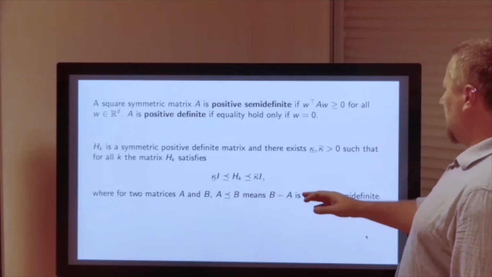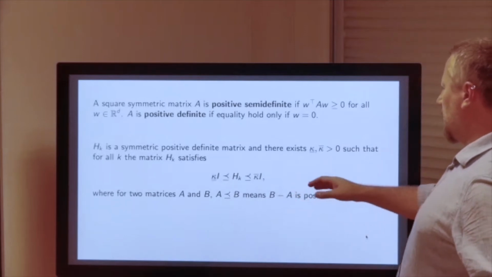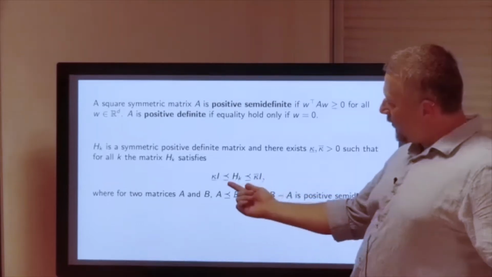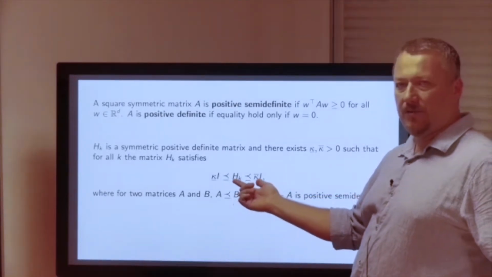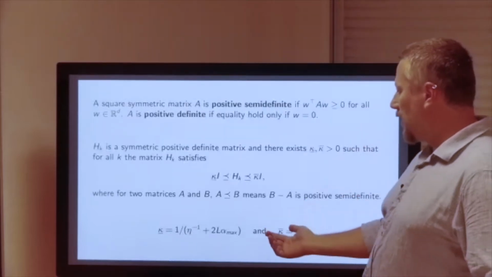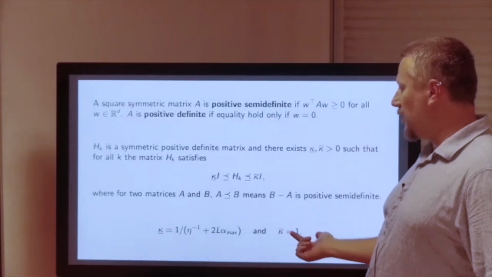In our paper we show that our matrices satisfy this inequality uniformly for all k, with these constants.